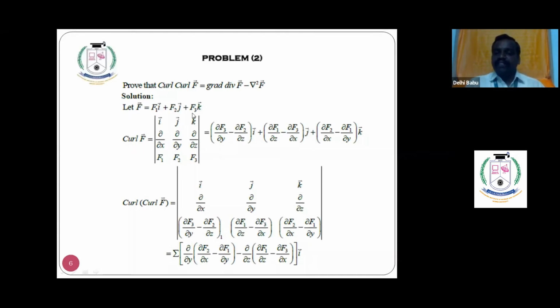Del and f vector both have i, j, k as common. So the first row is i, j, k and the second row is del, whose i component is dou by dou x, j component is dou by dou y, k component is dou by dou z.